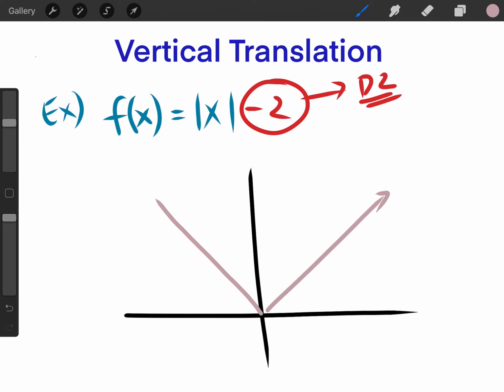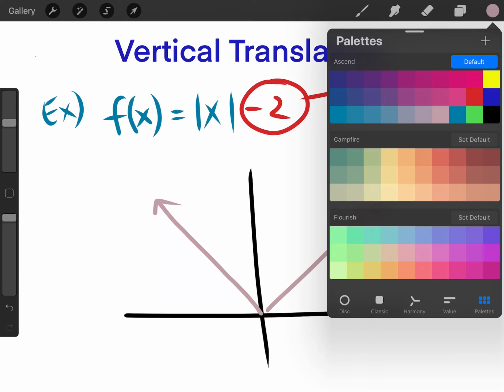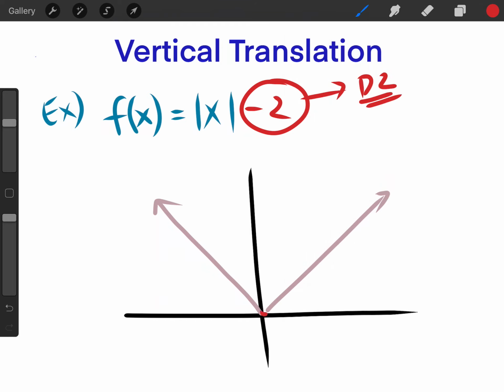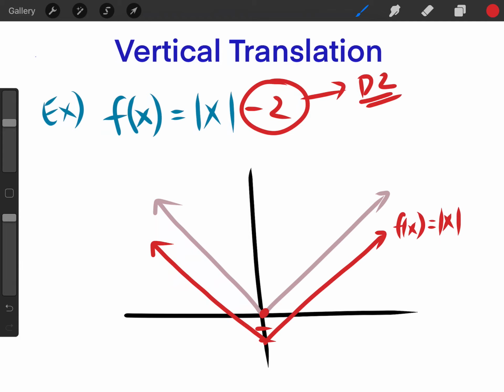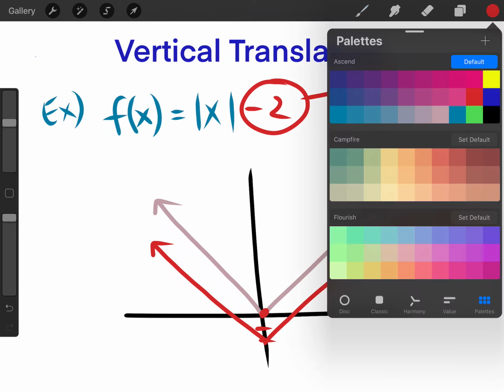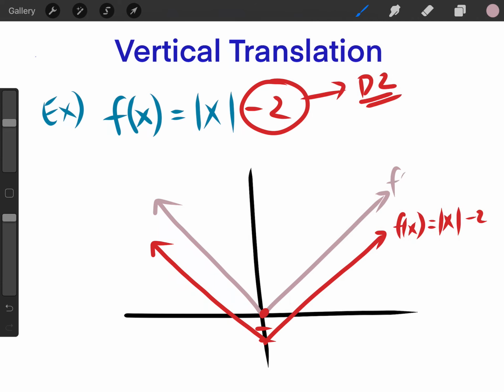You have your parent function and you're going to go down by 2. So count from the origin down by 2: 1, 2. So it's going to look like this. The V shape is just going to shift down by 2 units. So this is the one that's f of x equals absolute value of x minus 2. The previous one was just your parent function.